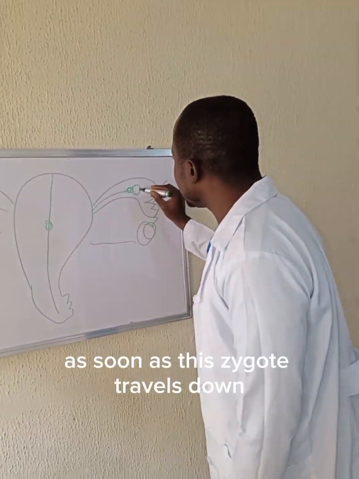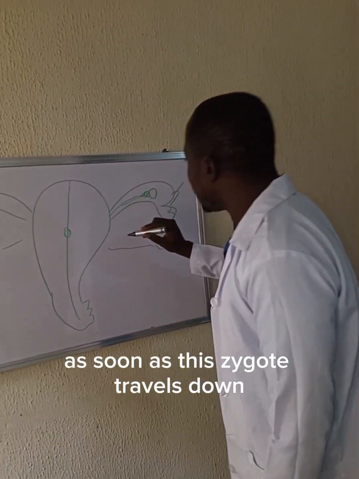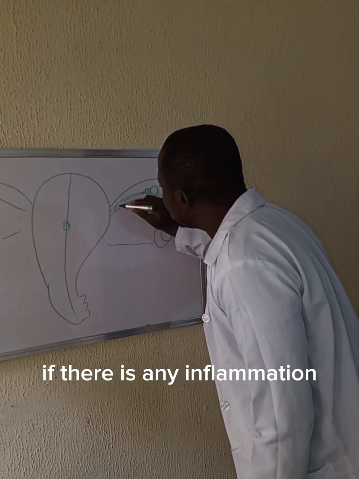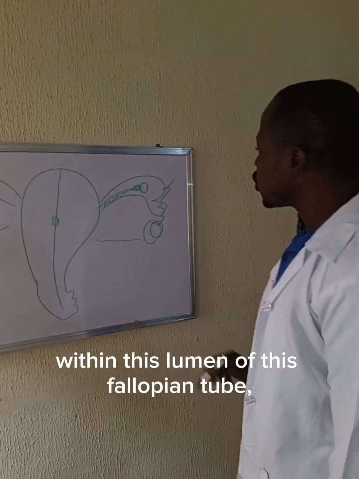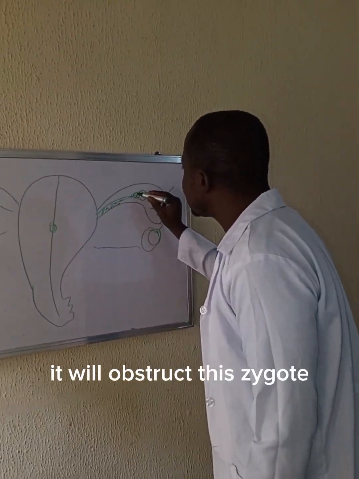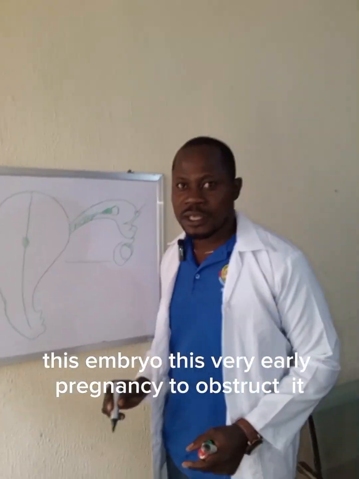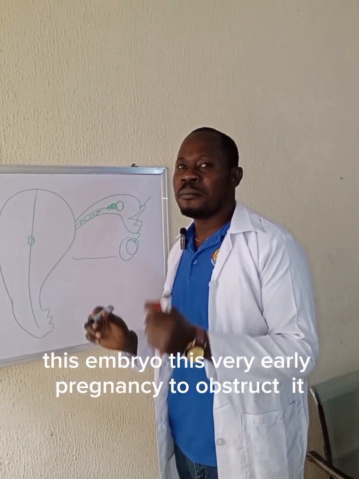So as soon as this zygote travels down, if there is any inflammation within the lumen of the fallopian tube, it will obstruct this zygote, this embryo, this very early pregnancy.